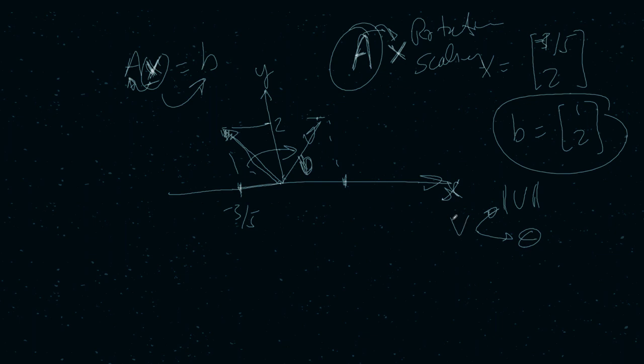So for any vector we have magnitude and phase theta, and by multiplying x by matrix A, it will be rotated and also scaled into another vector. So this is the general way. Now let us go a little bit deeper to understand what we are doing.